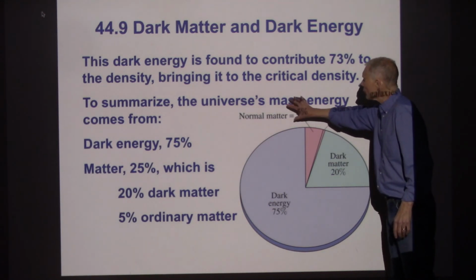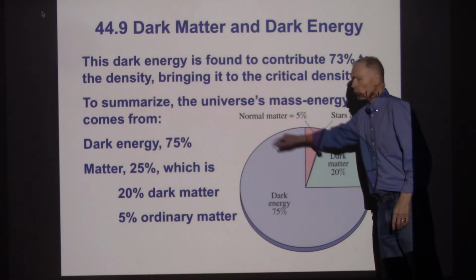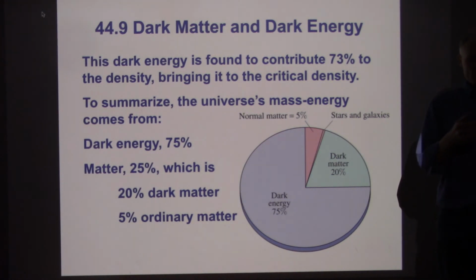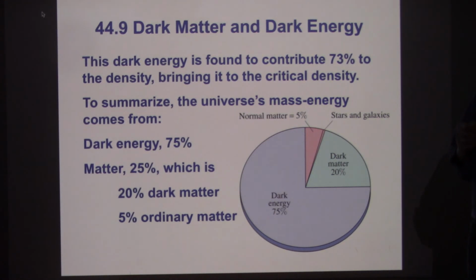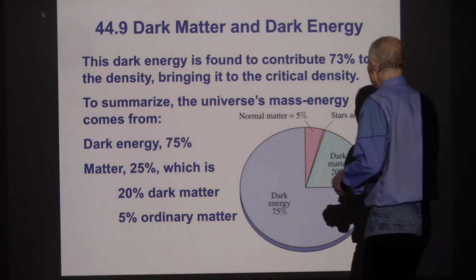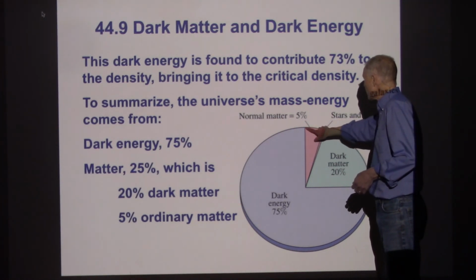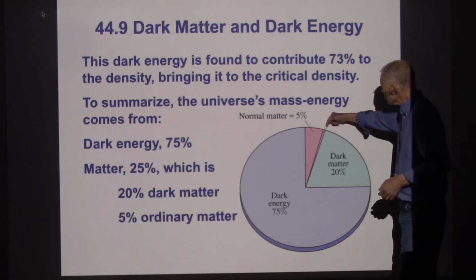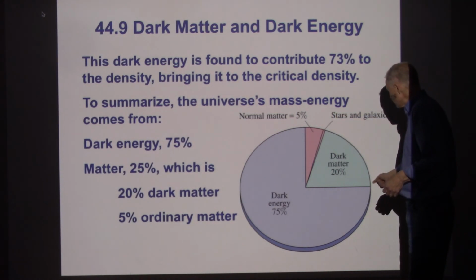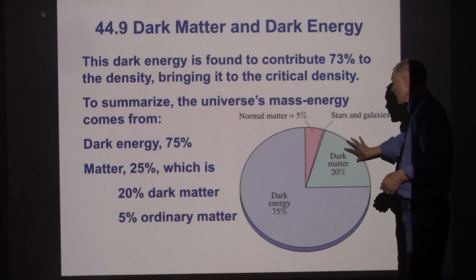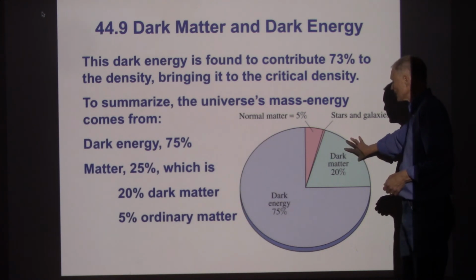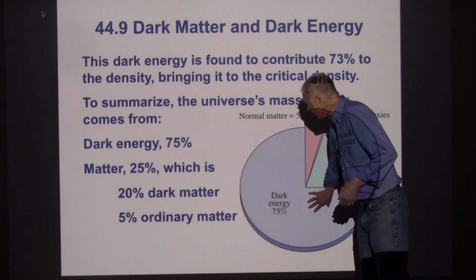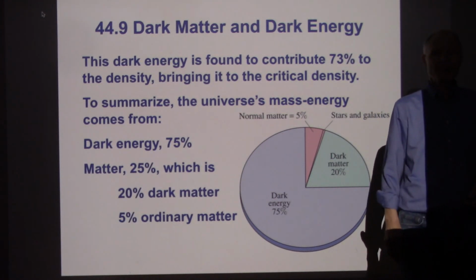The matter that we're familiar with, what they're calling normal matter, things that are made out of protons and neutrons and electrons and neutrinos, those only appear to make up about 5% of the critical density. Dark matter estimates suggest that dark matter could be about 20% of critical density, and then dark energy calculations suggest about 75%.